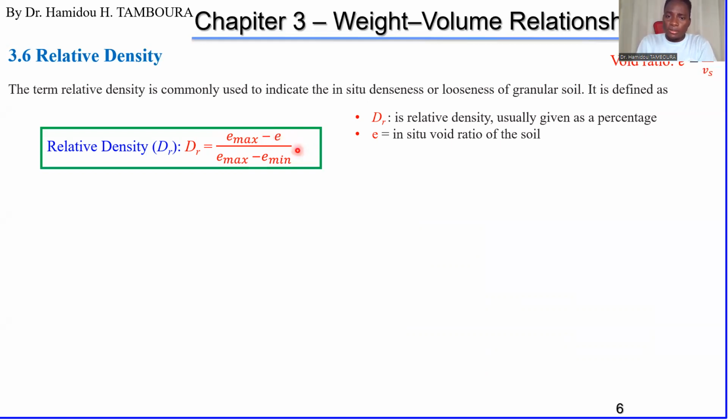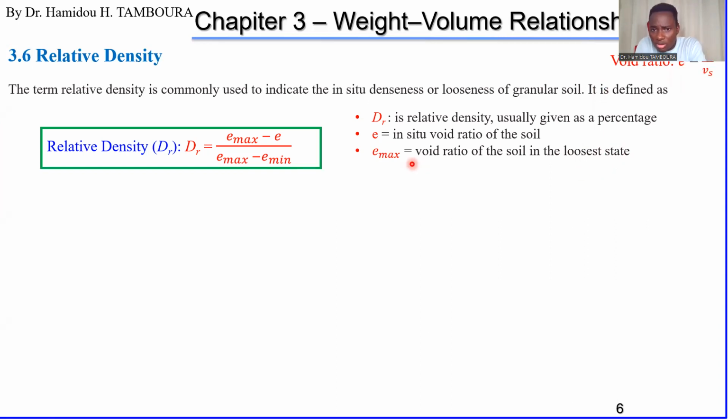But e max is the void ratio of the soil in the loosest state. It means when the soil is very, very loose, not dense at all, you get the maximum void ratio.